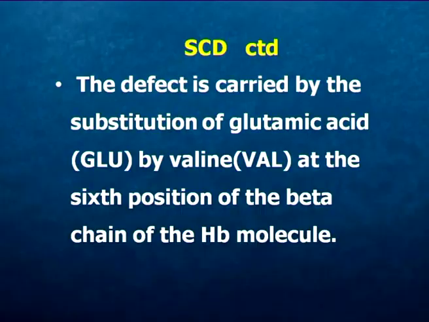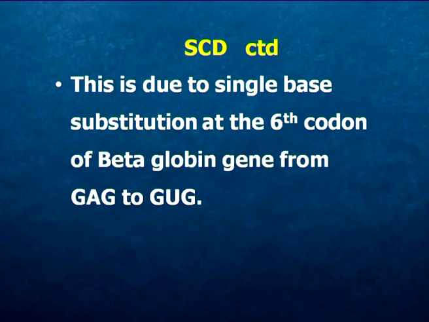The defect is caused by the substitution of glutamic acid, abbreviation GLU, by valine, VAL, at the 6th position of the beta chain of the hemoglobin molecule. This is due to single base substitution at the 6th codon of the beta globin gene from GAG to GUG.